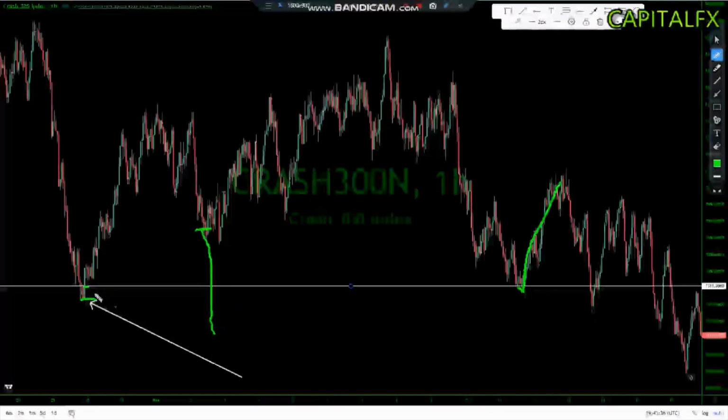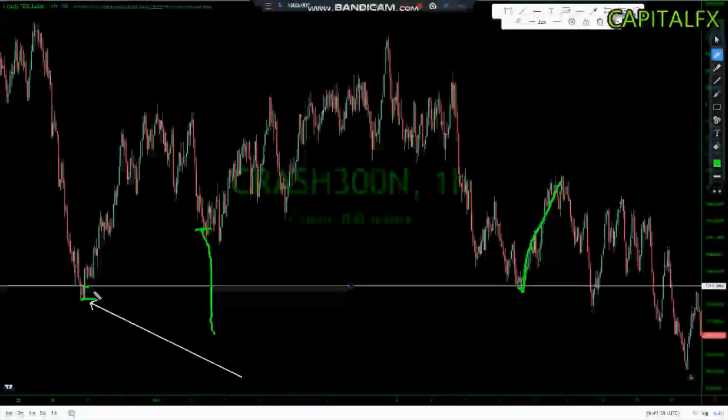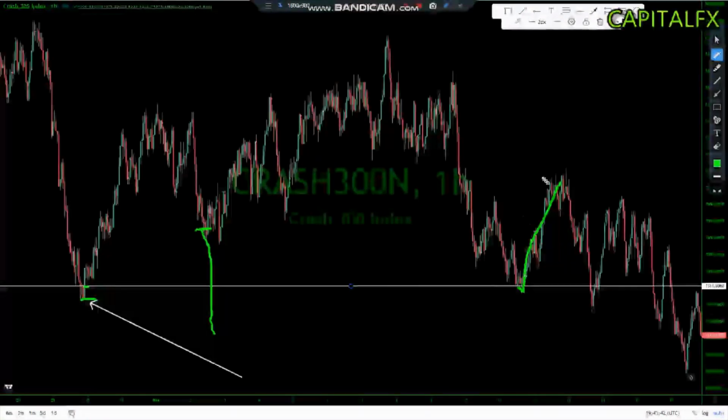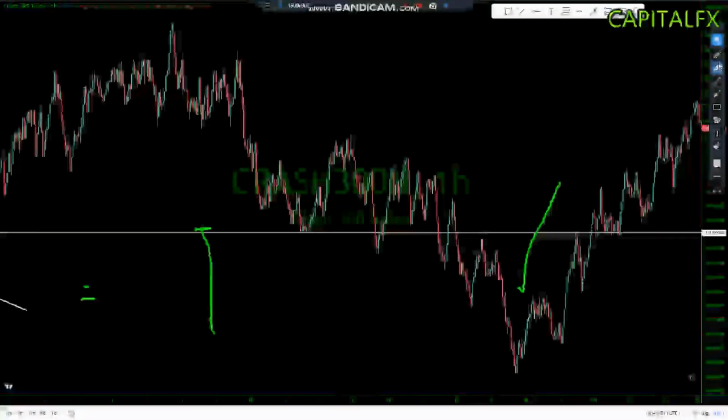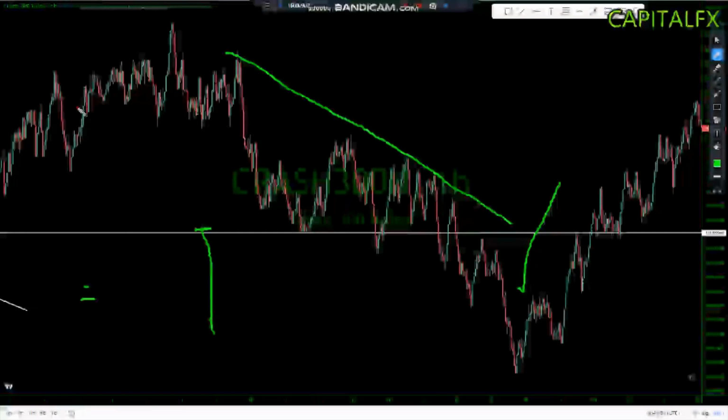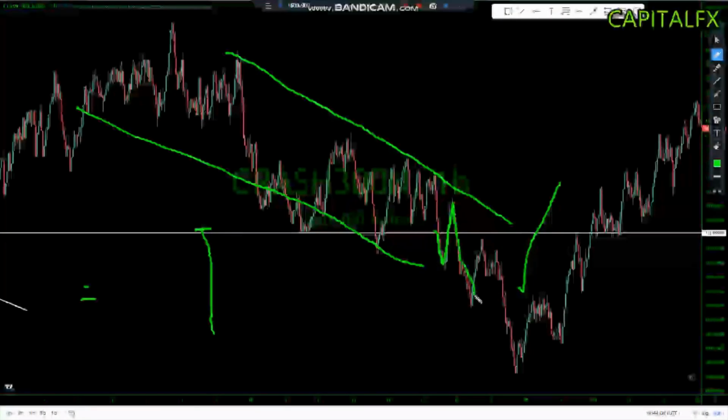Once the market gets to that zone at the tip of the previous candle, the market rejects and shoots up, and the market came back again and still rejected again before breaking through. Because if you put your line here, you can see that we have a very, very strong downtrend here. That's why the market retested twice and broke out here and retested here and came down again.